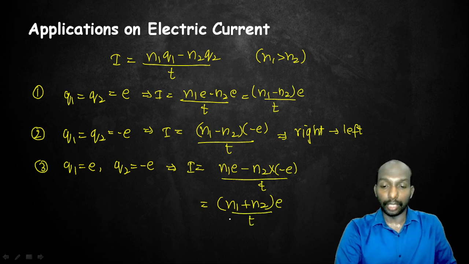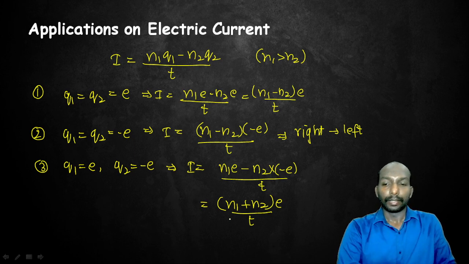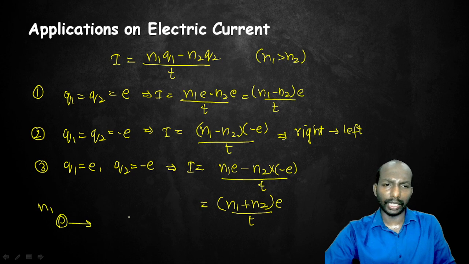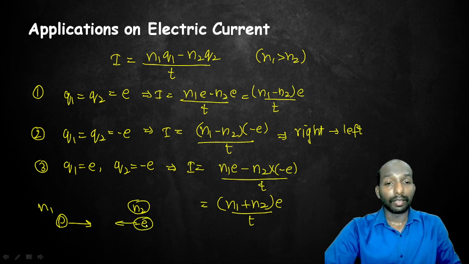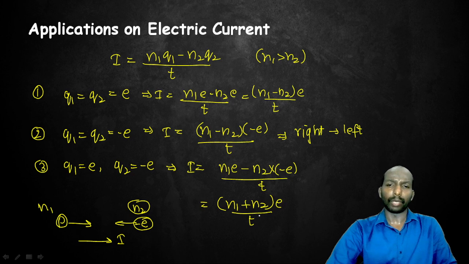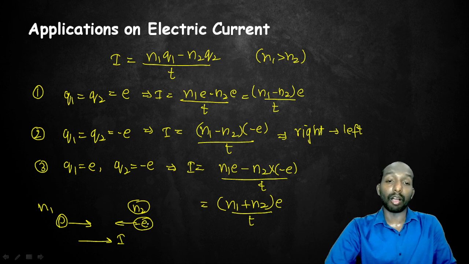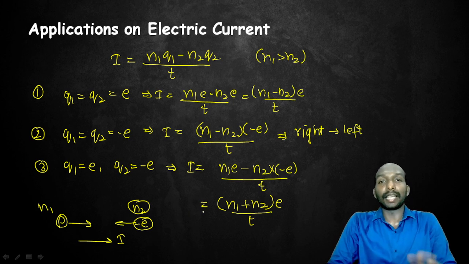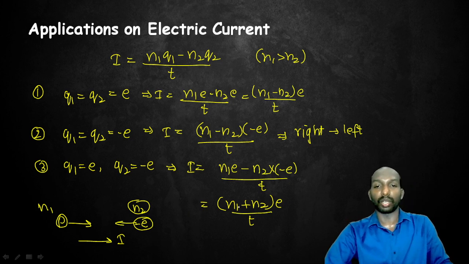That means if n1 protons are moving from left to right and n2 electrons are moving from right to left, the resultant current I will be (n1 plus n2) e by t. Why? Because the current due to the electrons is opposite to the direction of motion of the electrons. So the electrons moving from right to left means current from left to right. That means I1 and I2 are both in the same direction, that's why we are getting a positive value.